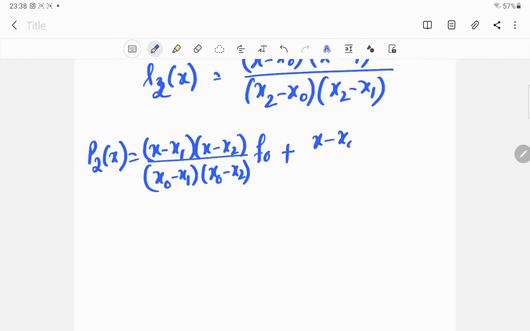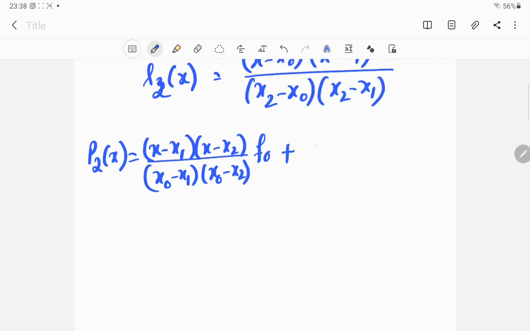Similarly, x minus x0, x minus x1... I'm sorry, I am again wrong here. I'm doing it without looking into my notes, so I would like to concentrate. That's why I'm telling you that to do this you need to do a lot of practice.